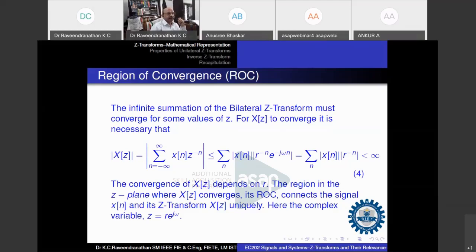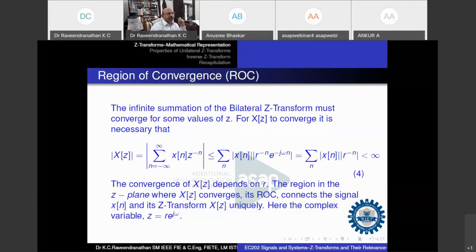For X(z) to converge, it is necessary that the absolute value of that summation is finite, less than infinity. So the condition is that the summation over minus infinity to plus infinity of the absolute value of x of n times the absolute value of r raised to minus n should be finite.